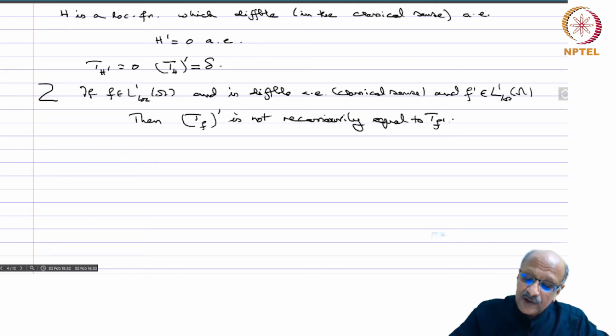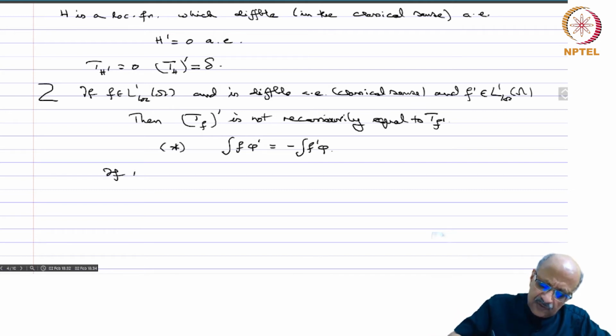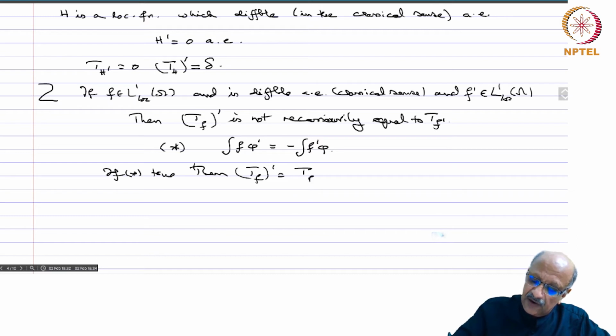However, for all smooth functions there is no problem, namely because you have the integration by parts formula: the integral of f phi dash is equal to minus the integral of f dash phi. So this is always true for all smooth functions, and therefore if this, call it star, is true, then of course T_f dash will be the same as T of f dash.